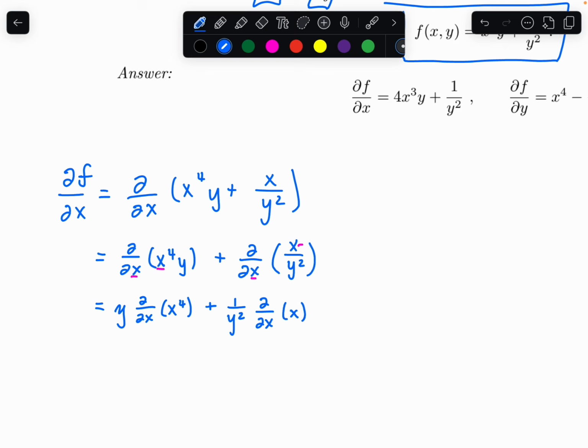Remember, y squared is in the denominator. You cannot take it out. Put it over under 1. So then, now what we're focused on is taking the partial derivatives with respect to this. Remember, we just multiply those constants in at the end. So, what's the derivative of x to the 4th? 4x to the 3rd, just like you remember from Calc 1. 1 over y squared, partial derivative with respect to x is just 1.